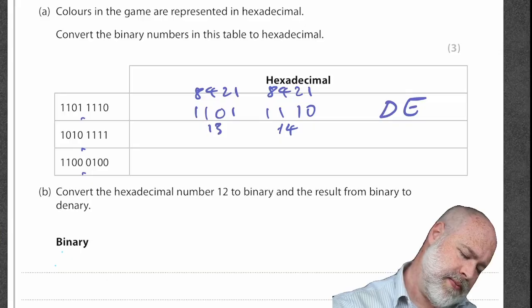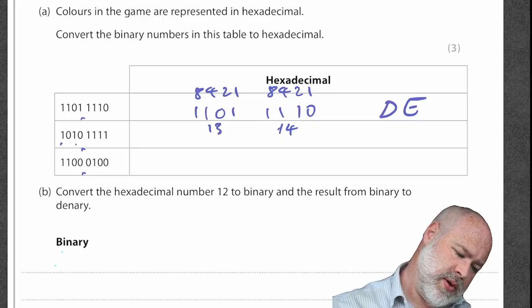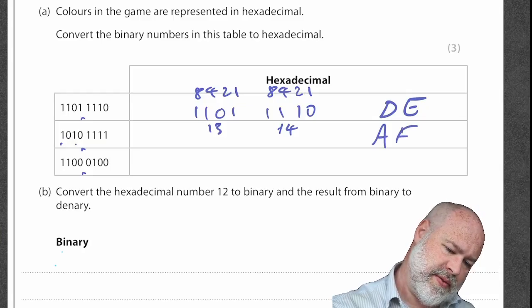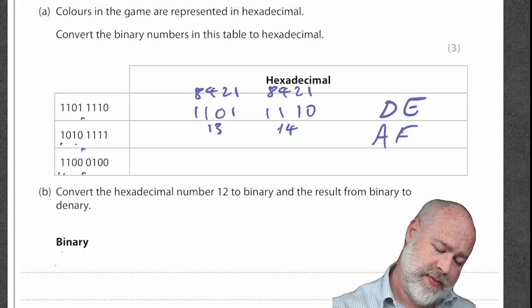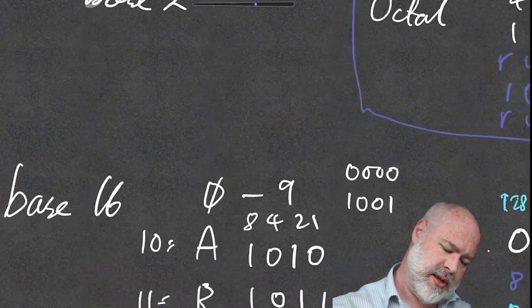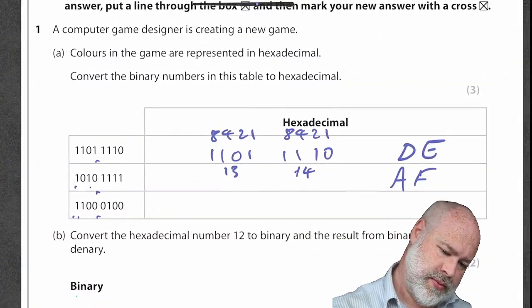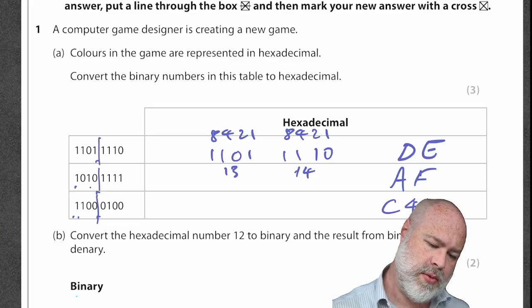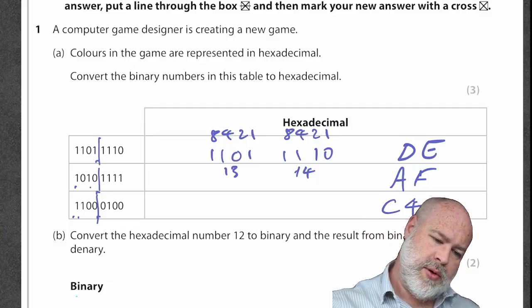And then here 8 and 2 is 10, so that's an A, and 1111 is an F. Here we've got 8 and a 4, which is 12, and our 12 is C. And then we've got a 4, which is just a 4. You just have to split them up and work out each nibble. So that's our 3 marks.